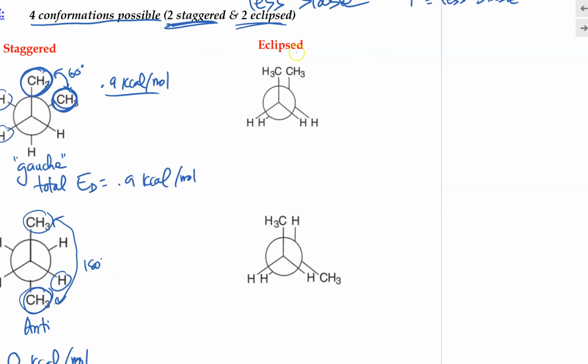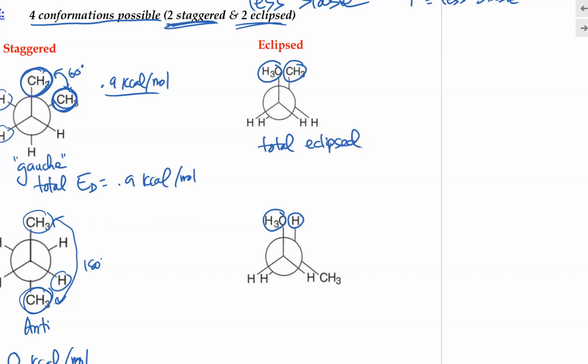And now moving on to the eclipsing conformations, the two eclipsing conformations. We're going to have the conformation where the two CH3 groups are eclipsing each other, or when the CH3 group and the hydrogen are eclipsing each other. And these are the two conformations right here. So this conformation again is called the total eclipse conformation.